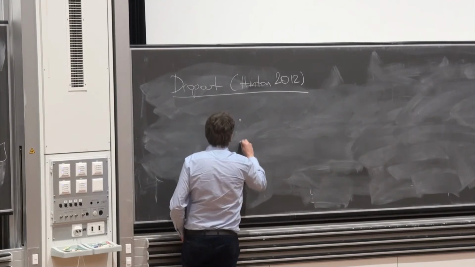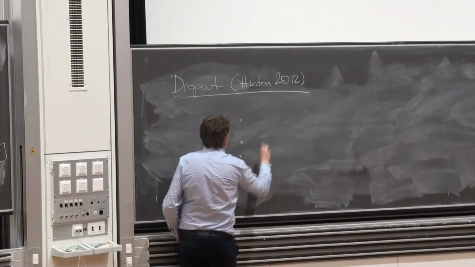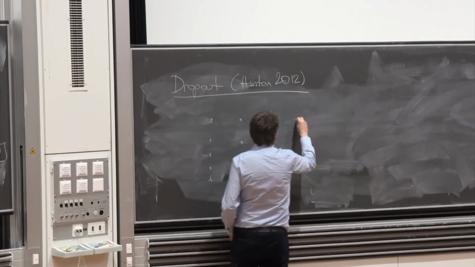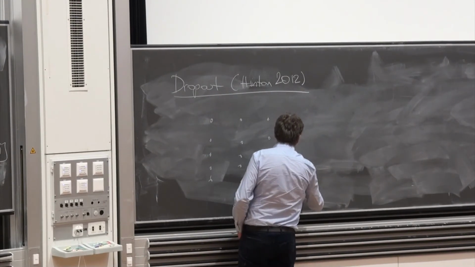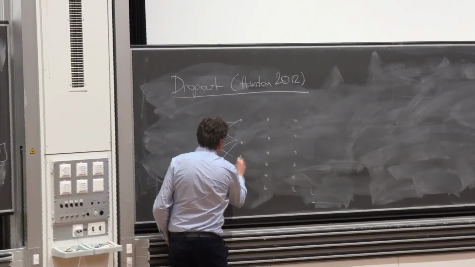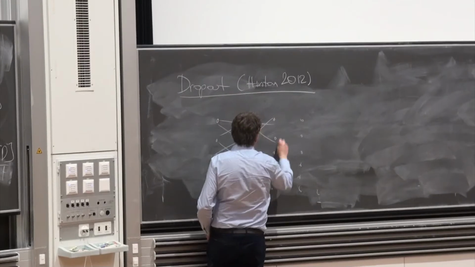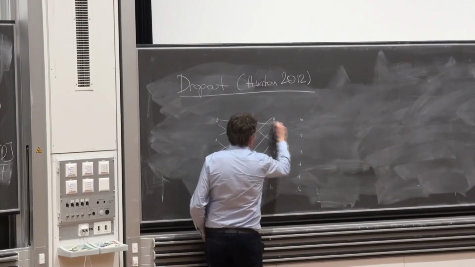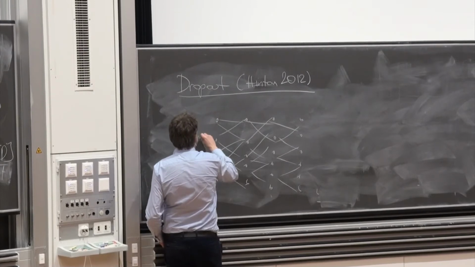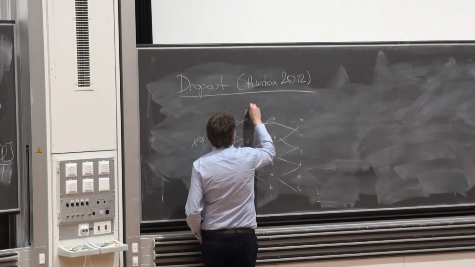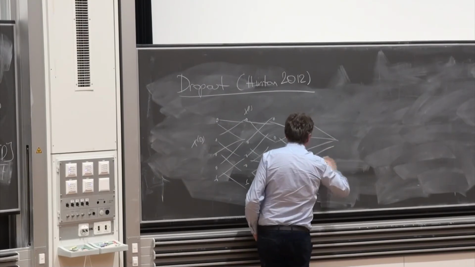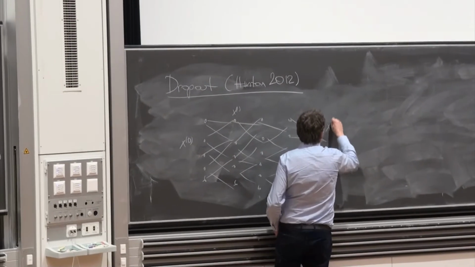So we have our neural net. Right now, we don't worry about whether it's convolutional or not and how many channels. We just think of our basic fully connected neural net with input x0, then layer x1, and then at the end the final layer here.